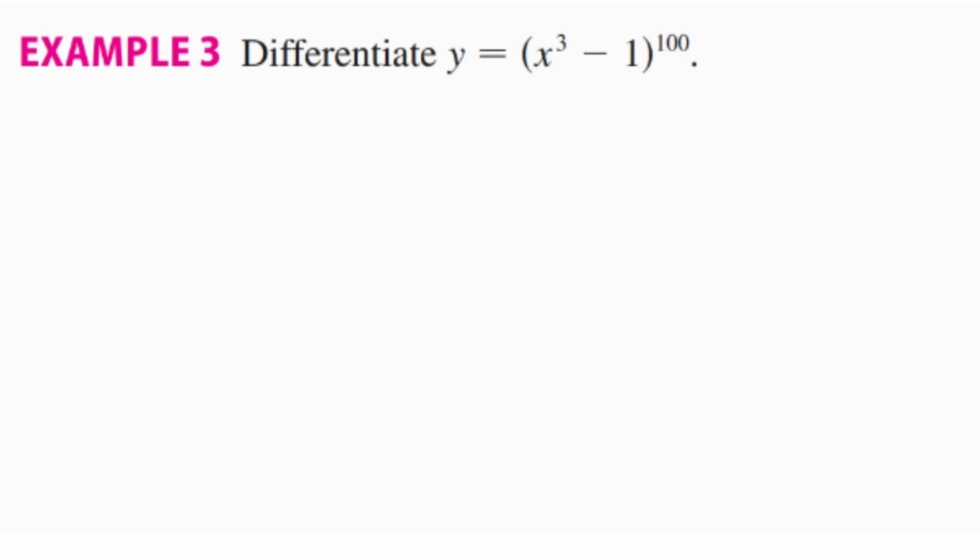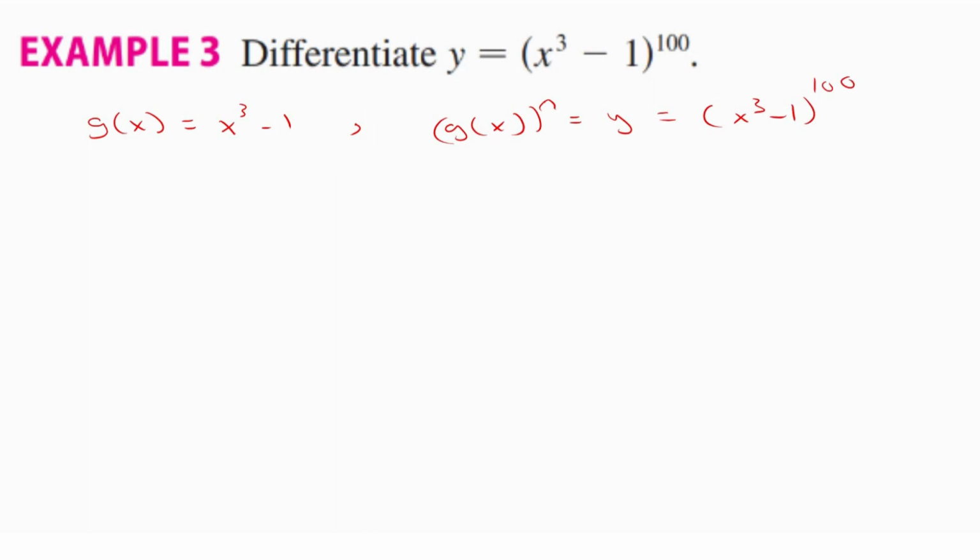So if you want to differentiate this using the power rule and chain rule combined, basically we can consider that g of x is x cubed minus 1, and g of x power n is going to be y, which is x cubed minus 1 power 100.